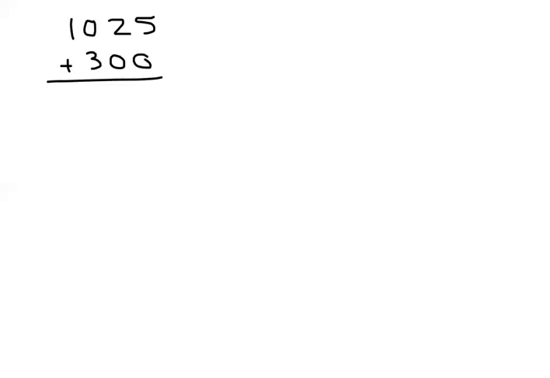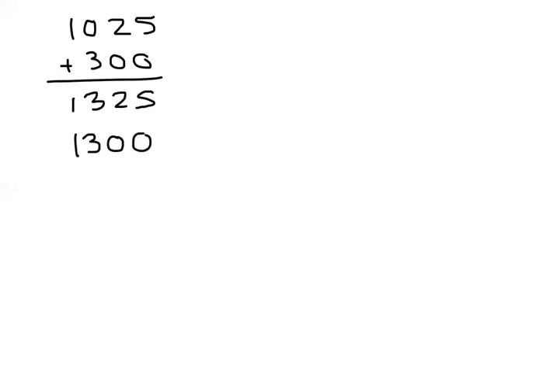Our answer would normally be 1,325 if you were doing just normal addition. However, we have to stop those significant figures at the hundreds place and add placeholder zeros to get 1,300.